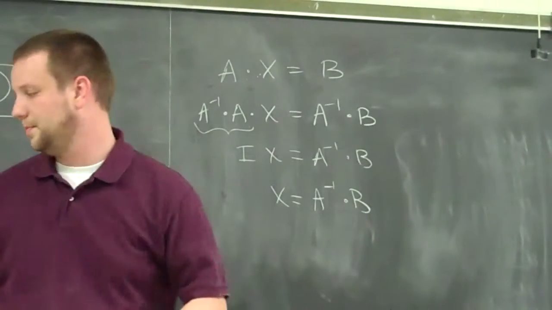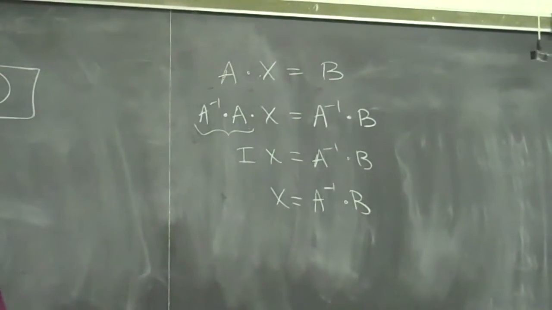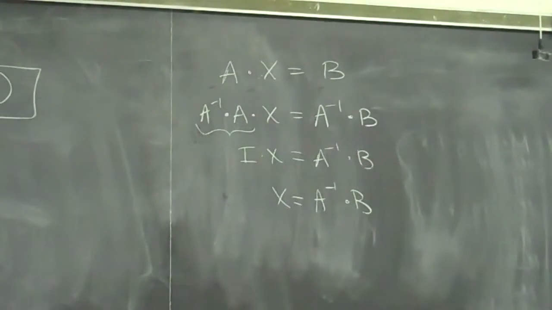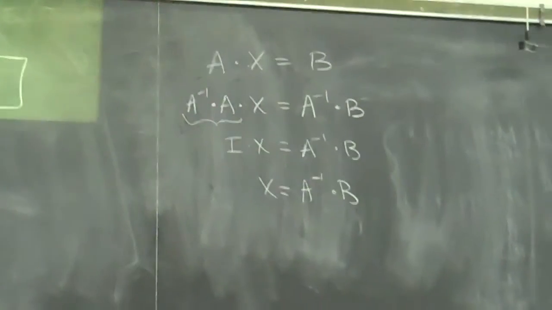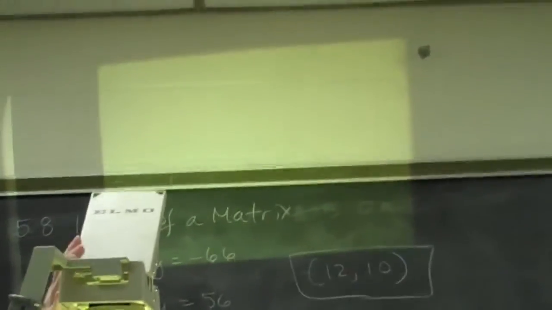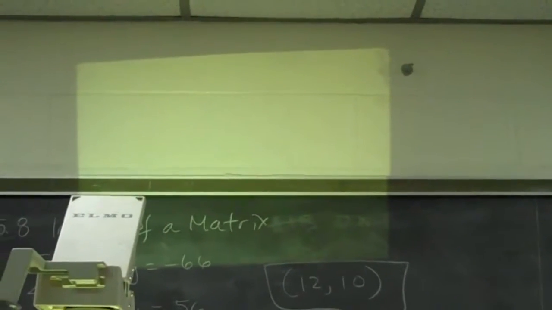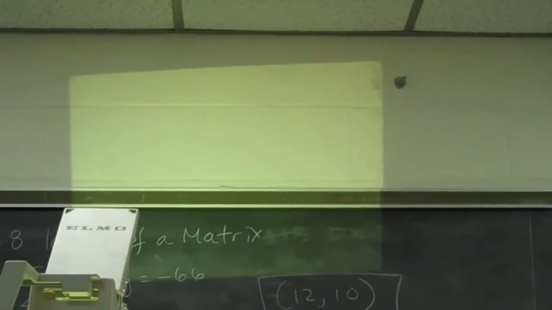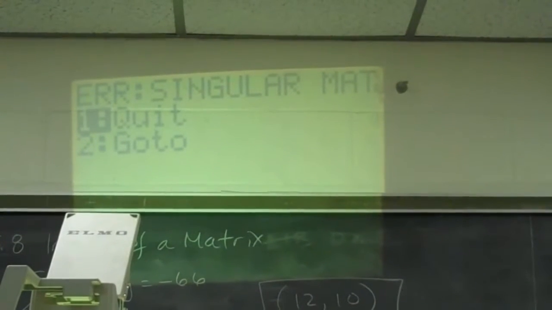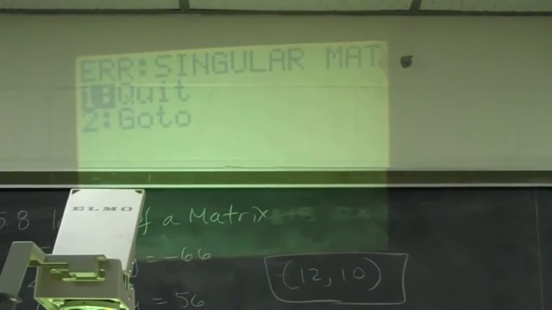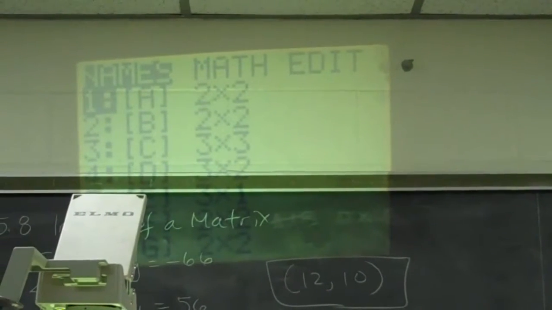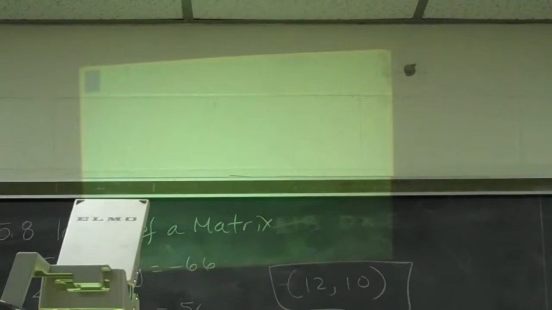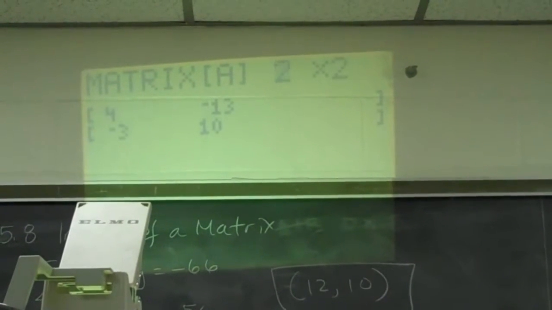So what we could do, for reasons that you won't fully appreciate, is if I wanted to, okay, I'm quitting that. I'm going to go back and I'm going to make matrix A that 2 by 2 coefficient matrix. 2 by 2.